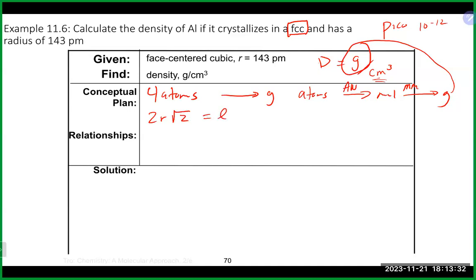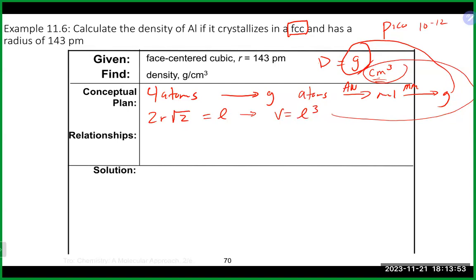And we have to remember that this length is not the volume, right? We then need to figure out the volume, which would be our length cubed. That would be the bottom part here, which would be our cubic centimeters. So doing those 2 calculations will allow us to figure out the density of aluminum in this case.